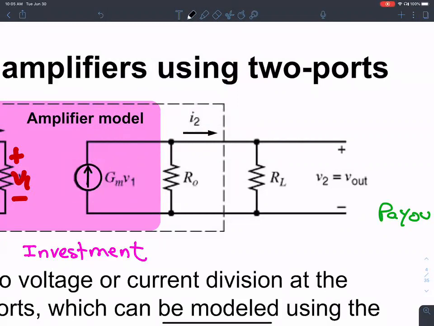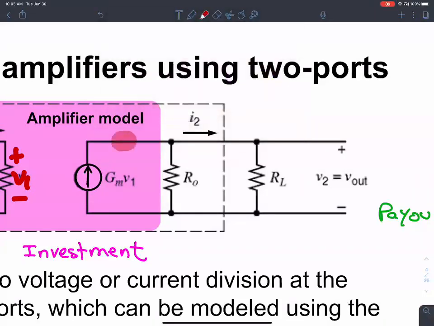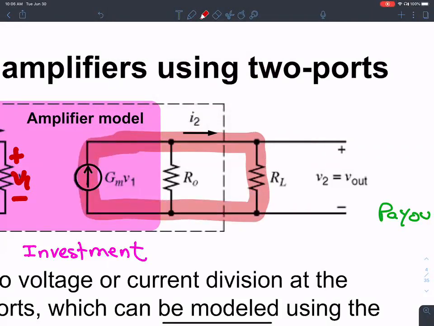I want all of that current to be flowing to my output. I want a whole lot of current being delivered to the load resistance RL, because that's my load. I want most of the voltage drop to appear across the load resistance. The maximum current should be delivered to that.